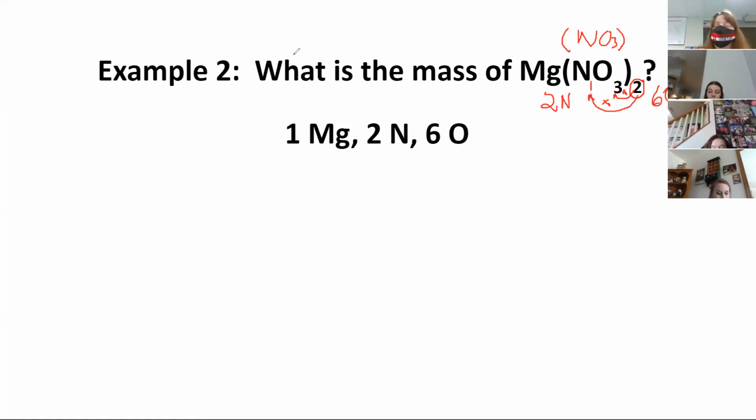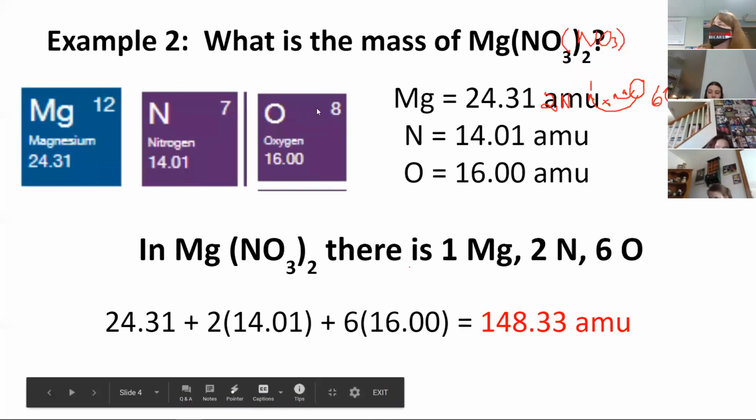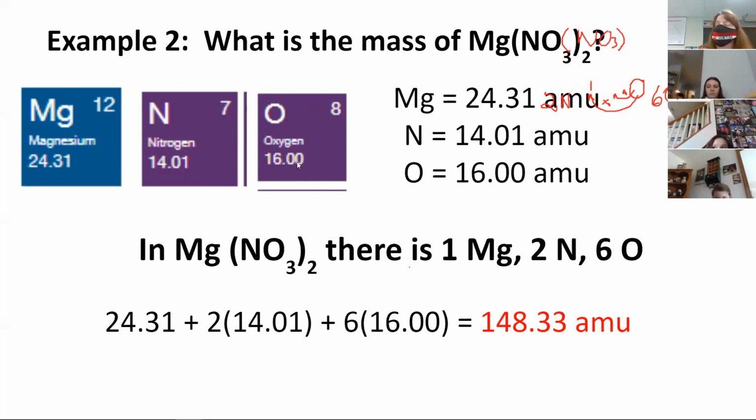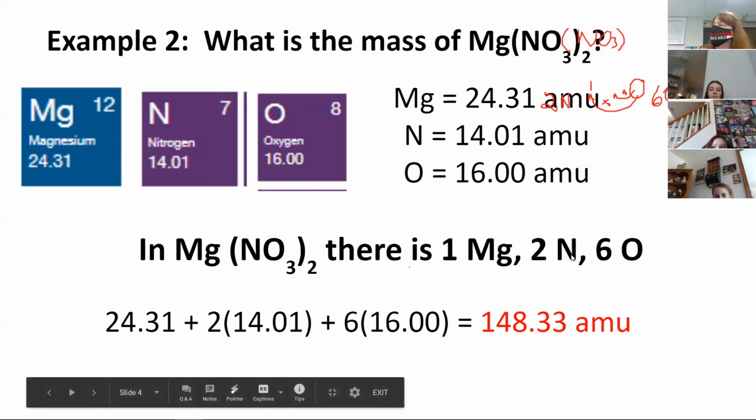Then we just do the math like we did before. So we're going to find the mass of magnesium, nitrogen, and oxygen from the periodic table. Here's our squares. There's our masses. And now we're going to add them up. So 1 magnesium, there's 2 nitrogens.